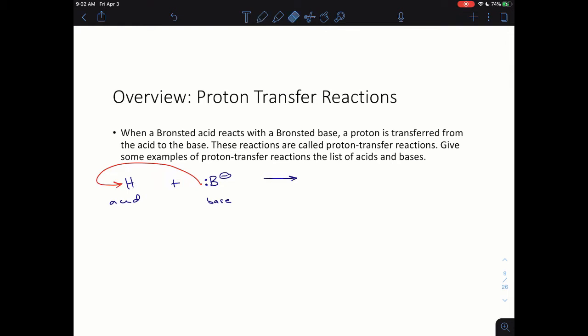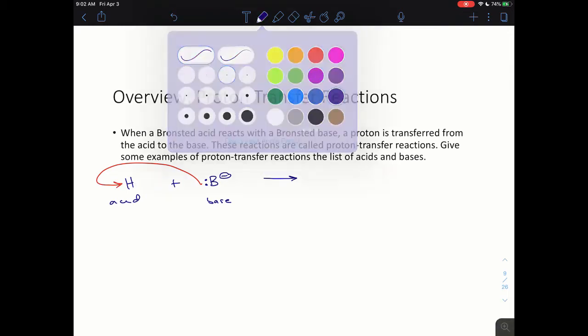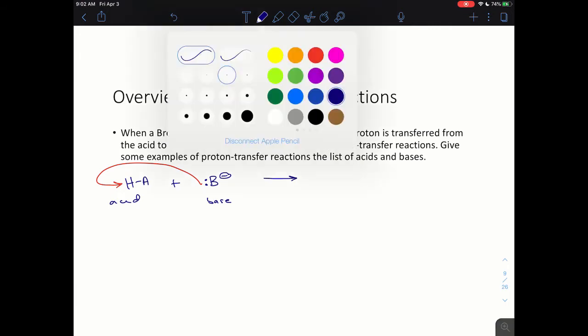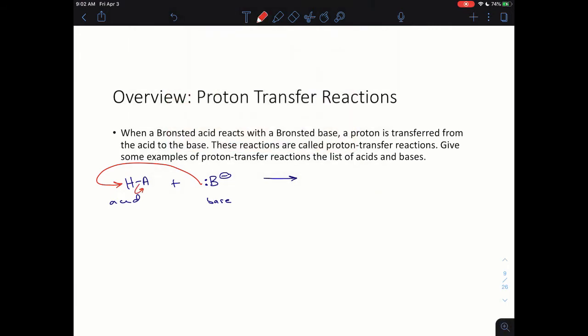The base accepts the proton, and then the electrons in the HA bond stay with A. And so we're going to have A minus, the conjugate base of our acid, and we'll have HB, which is the conjugate acid of our base that we started with.